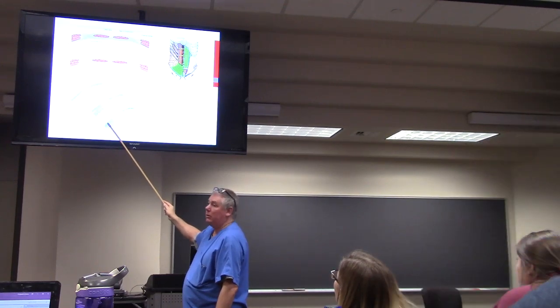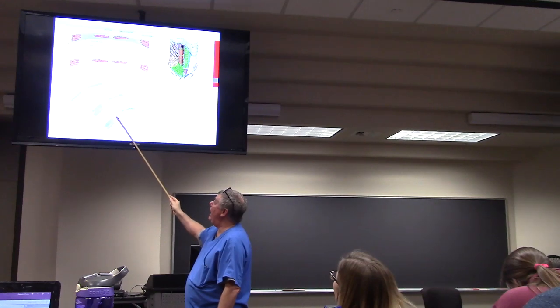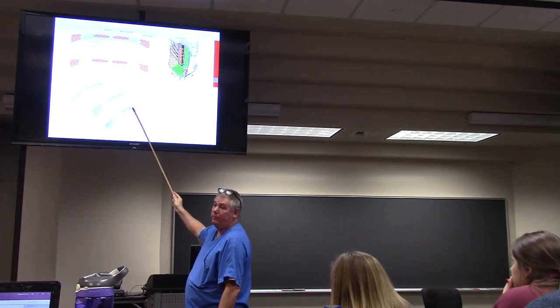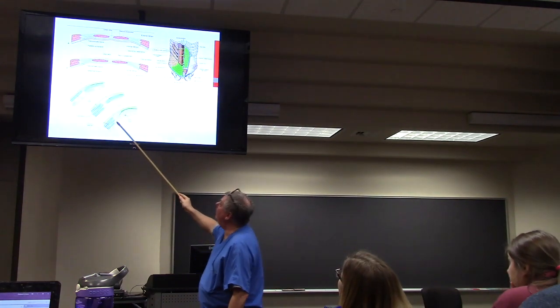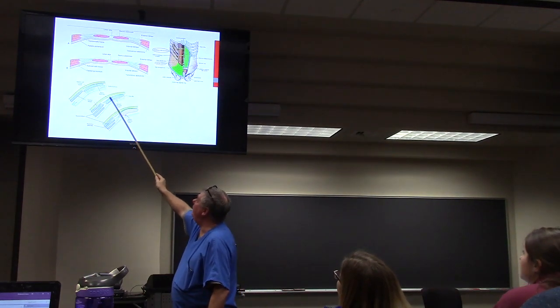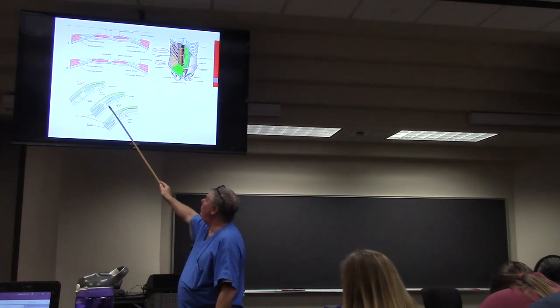So there's the external abdominal oblique. You see the aponeurosis? It goes in front of the rectus muscle. Let me go up here, I've got the wrong picture. The external goes in front of it. The transversus abdominis here goes behind it.